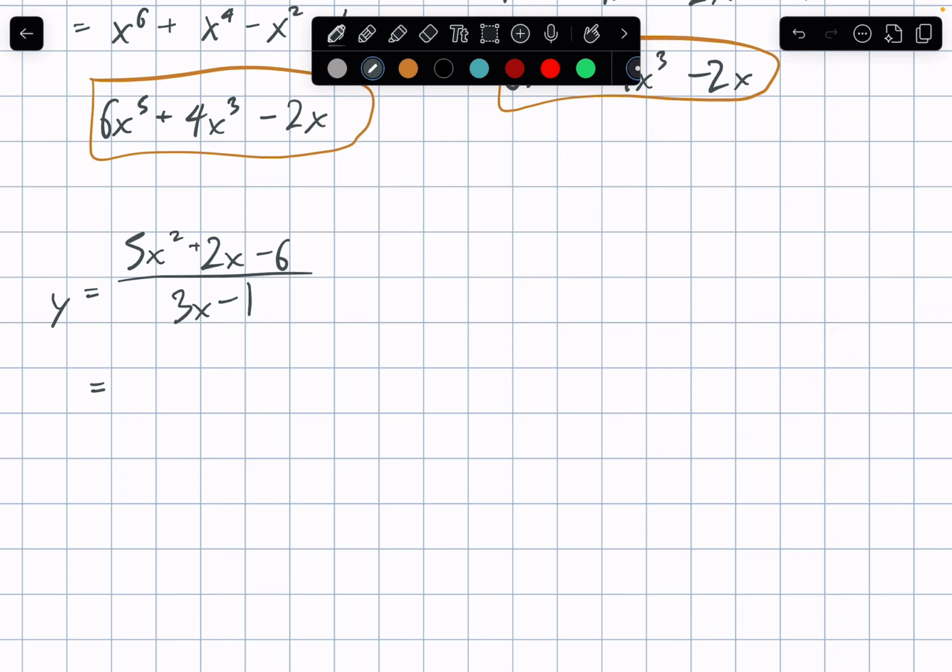Moving on. Okay, so maybe we could factor something. No, I don't think so. This is 5, this is 3. It doesn't look like it. Let's just use quotient rule.